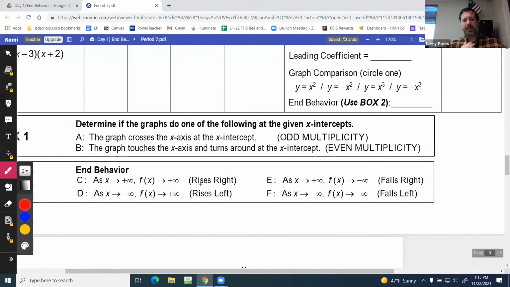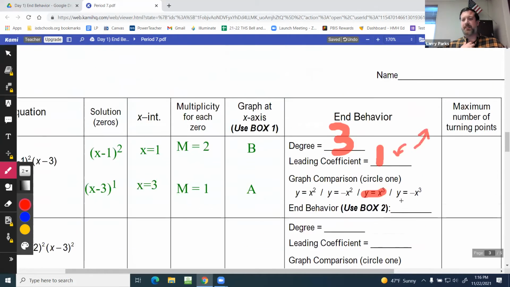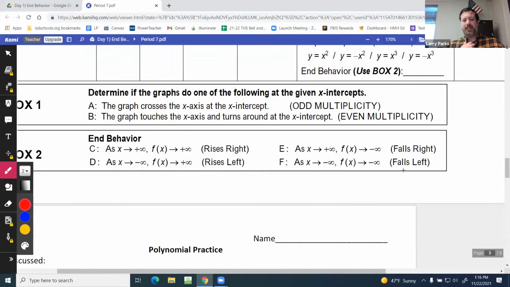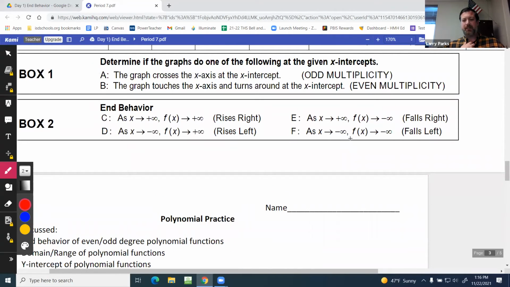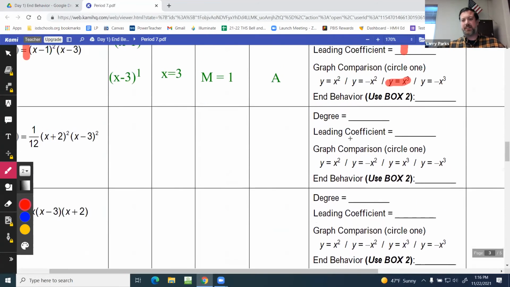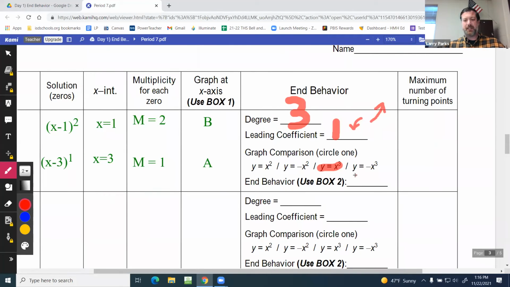This is how you say it: rises on the right, which it does, and falls on the left, it does. So I need rises on the right, falls on the left. I need C and F. Okay, so I'm going to put C and F. Now, maximum number of turning points, you just take your degree minus 1, and you get 2. That's the maximum number of turning points.